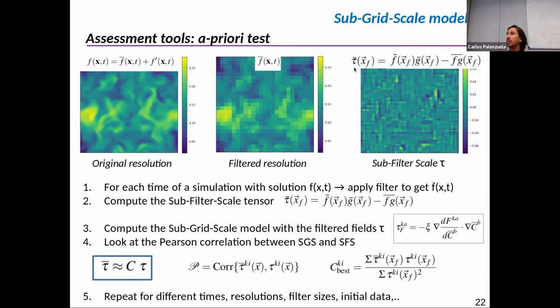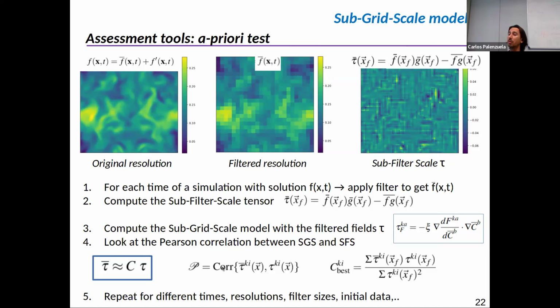With all that information, we can compute the subfilter scale tensor given by the definition, and also given by the subgrid scale gradient model. And if they are correlated by some proportionality constant, it means that the model is okay. If not, it means it is not correct.